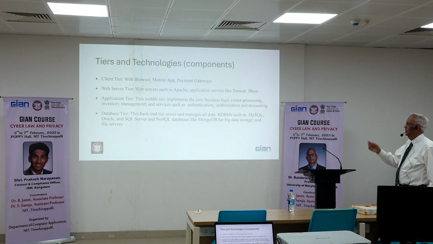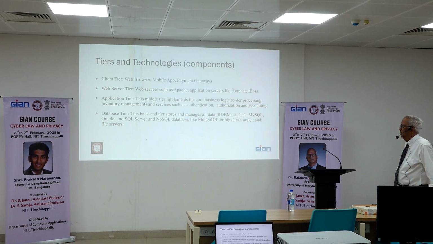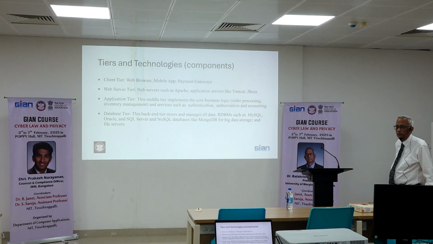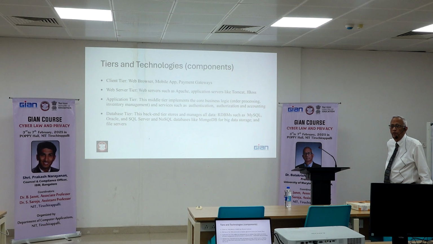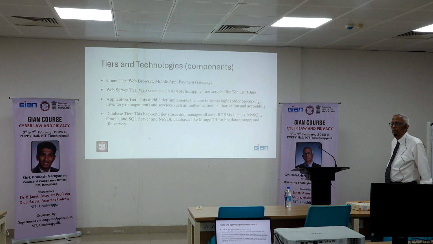Okay, so the tiers and technologies. The first tier is the client tier. It's usually a web browser. It could also be a mobile app. Increasingly, if you want to do Amazon or Flipkart, they give you their own app, okay? And the client tier could even be intermediate servers like payment gateways.